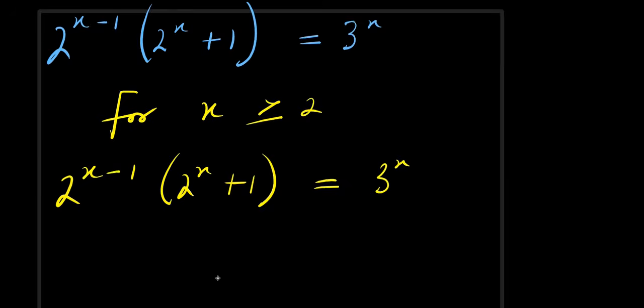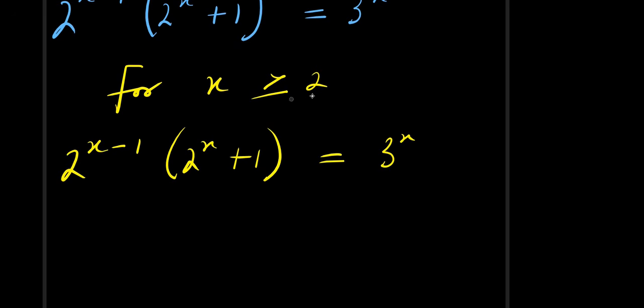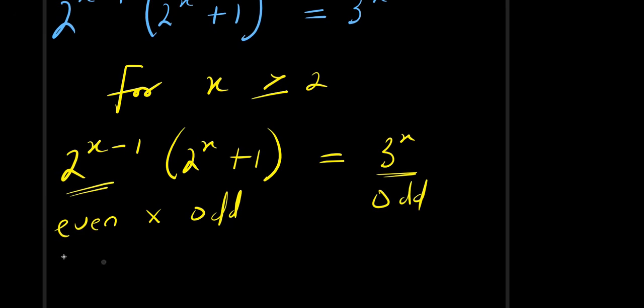So this simply means that for x greater than or equal to 2, this will give us an even number, this will give us an even number, this is times odd, and this equals, this will give us odd. So when you have even times odd, you are going to have even. Even times odd will give you even.